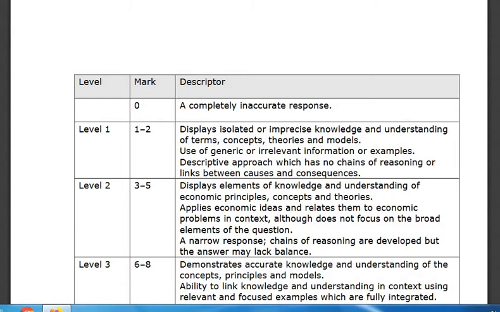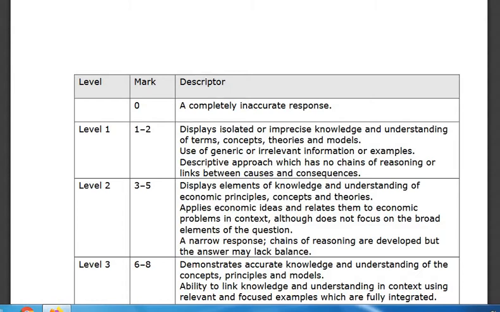So as a consequence of that, they forgot it all. So when they came to revise, it wasn't revision, it was relearning, and maybe they left it all a bit late and their knowledge just isn't there. Now, that's a massive problem because you can make tons and tons of points, but if it's all a bit imprecise and there's not much economics in there, you're going to be trapped in level 1.